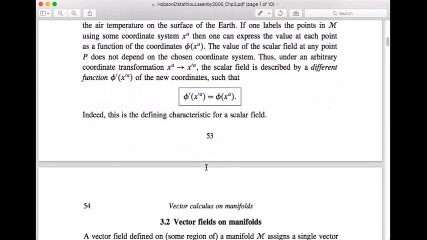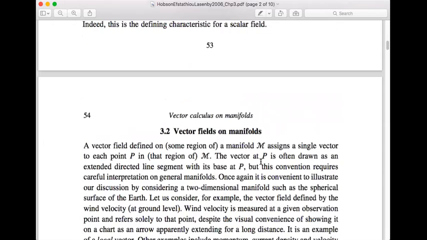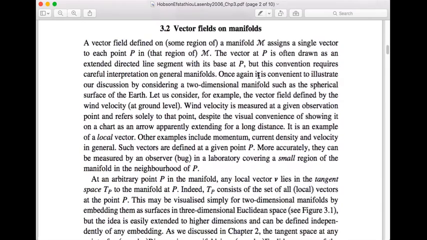It's a simple, familiar point that he's making here, but one worth making because there are profound implications that follow, especially when we move on to vectors and tensors.